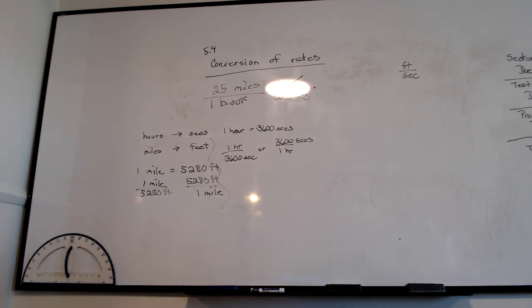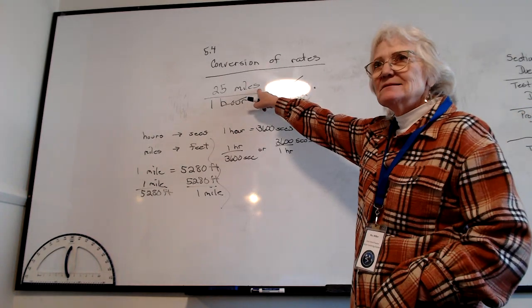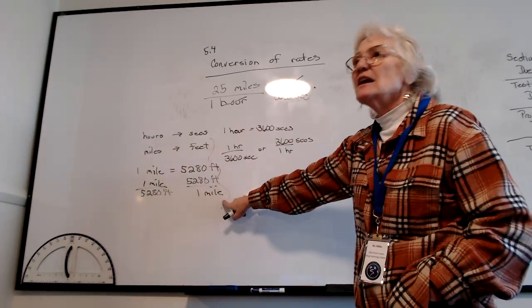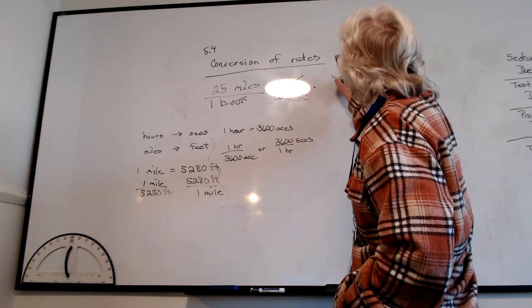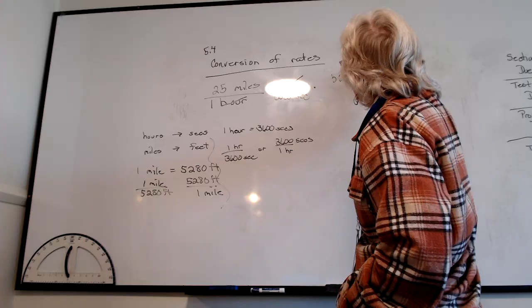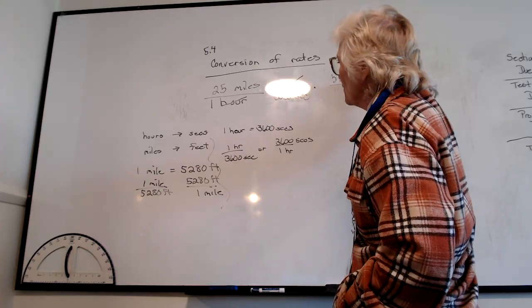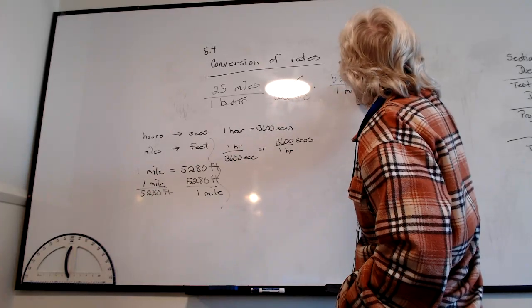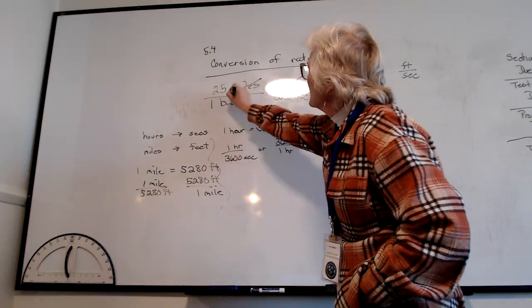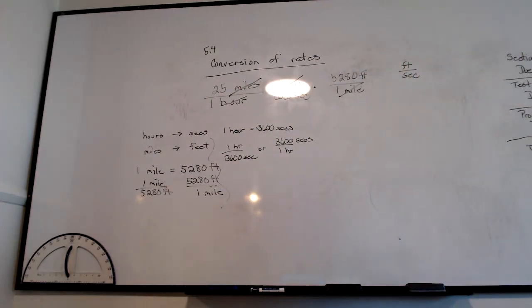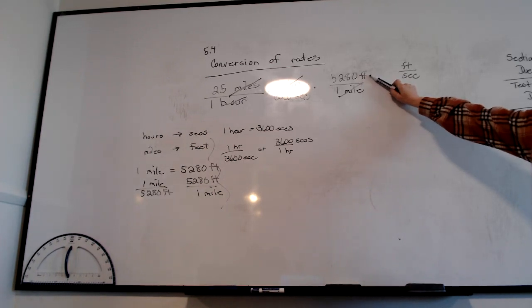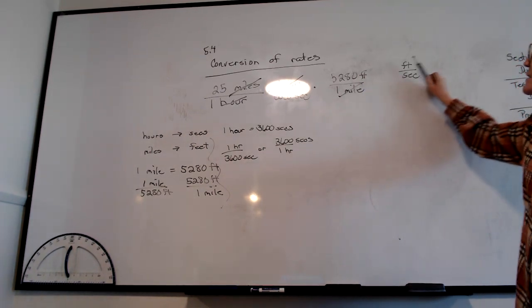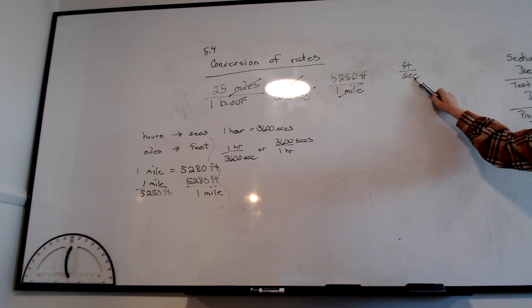Yes, because the miles here are on top, so to get them to cancel, I'd have to have the miles on the bottom. So we're going to use 5,280 feet over 1 mile. Notice the mile cancels there. Notice what I'm left with: feet on top, seconds on the bottom. That's what I wanted.